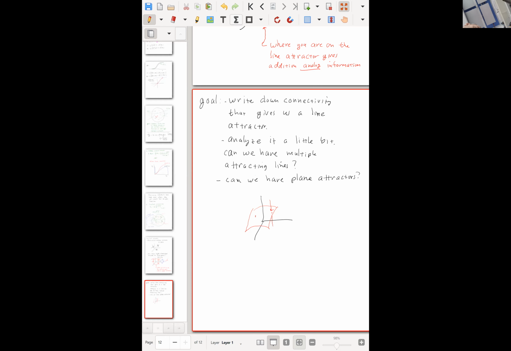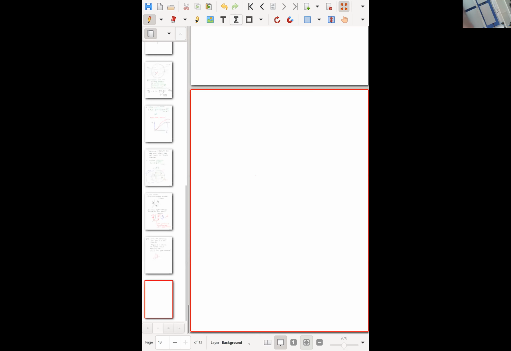Okay, so what's a classic line attractor network? This goes back a long time. I'm going to use nu, the firing rate of neuron i. So it's a usual model, phi of some nonlinearity.